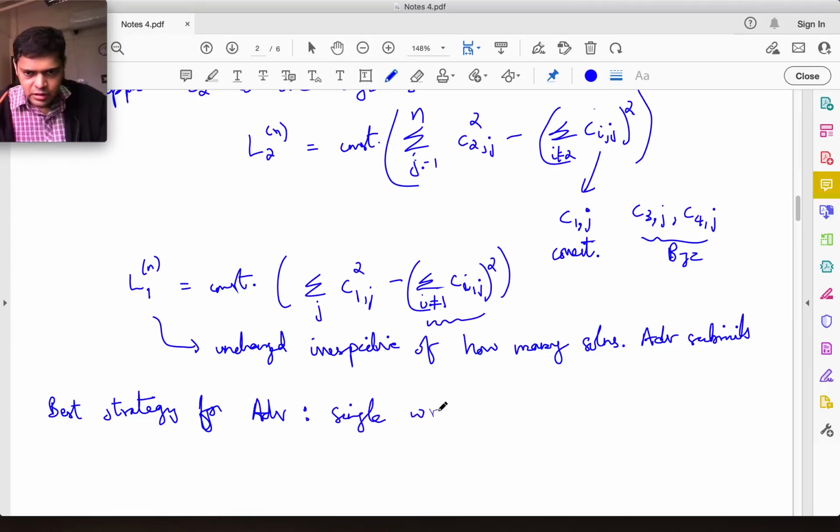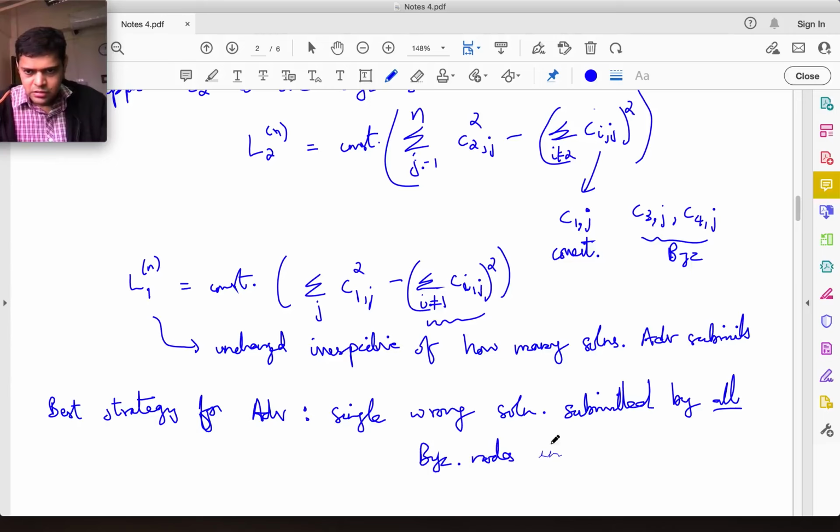So a single wrong solution is what he should submit, and always vote for this. So don't remain silent or don't vote for the correct solution, by all Byzantine nodes in all rounds.